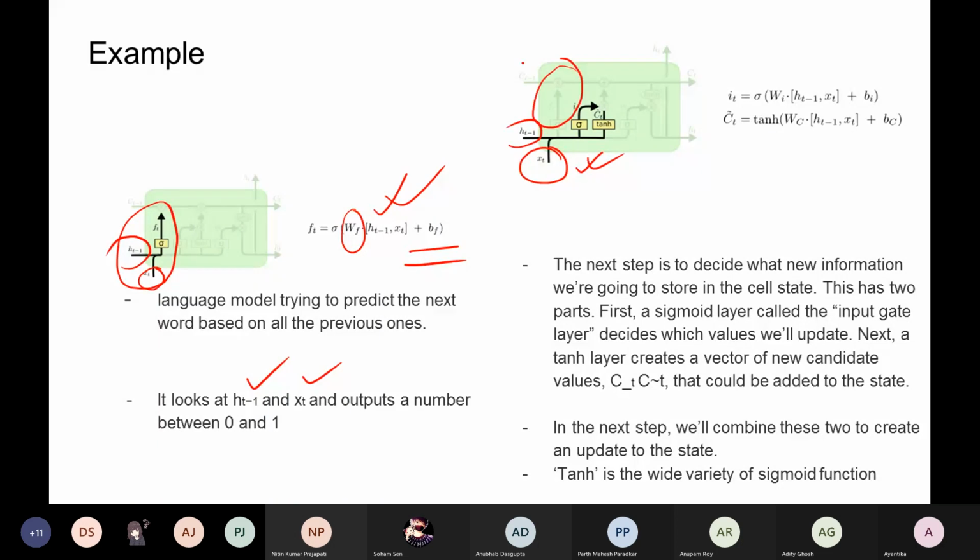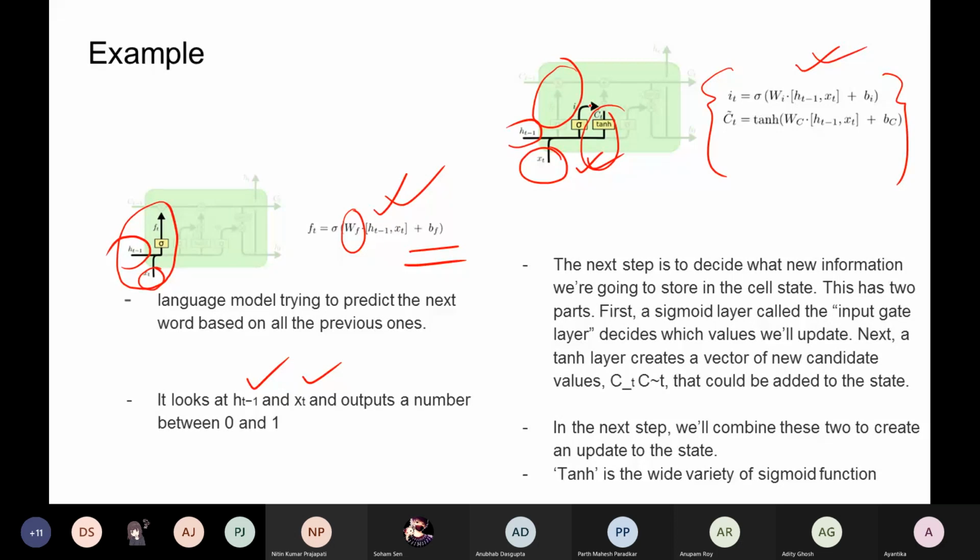Similarly, if you come to this part, it, it is also the same thing, but here a tanh is associated with it. Tanh means it is some expanded version. Sigmoid restricts the level between 0 and 1, while tanh is not so restricted.